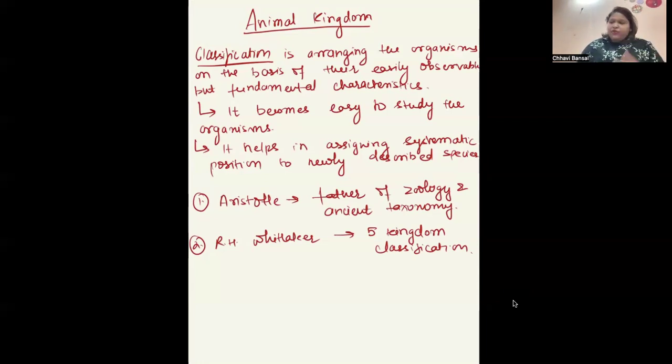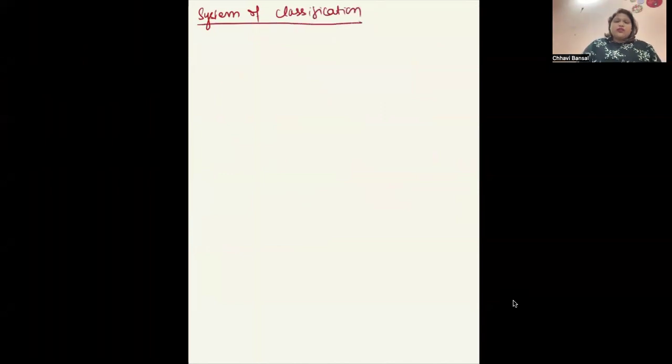Now we are going to talk about the system of classification. What does that mean? It means the pedigree, the flow, how things move in the classification.